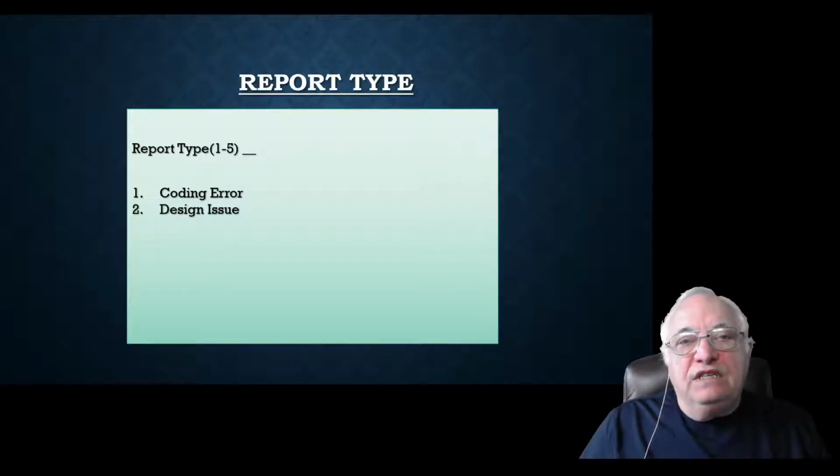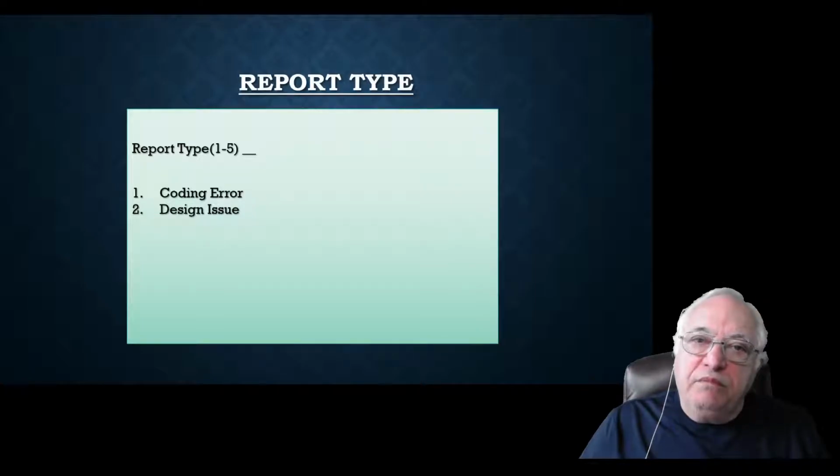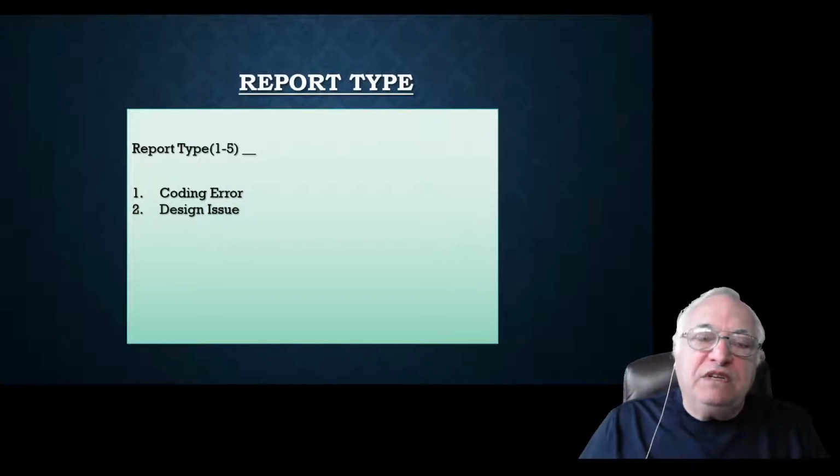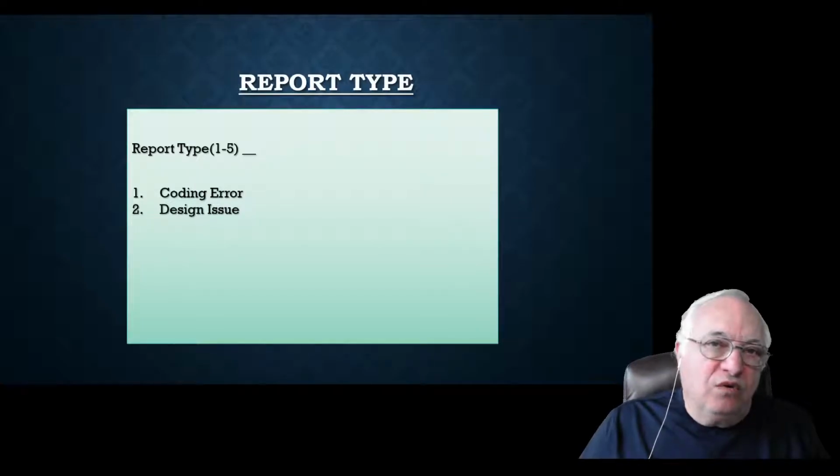Design issue. A design issue would be something like the application meets all the requirements, however, you notice that it's very hard to input a number because the box where you're supposed to press is just too small. So even though everything meets the requirements, this really is not correct.